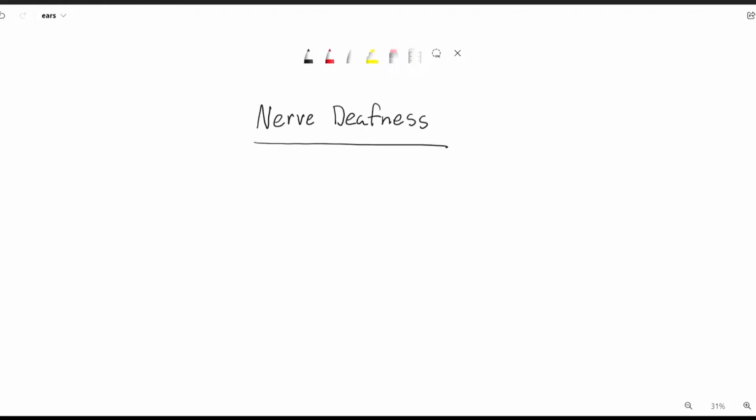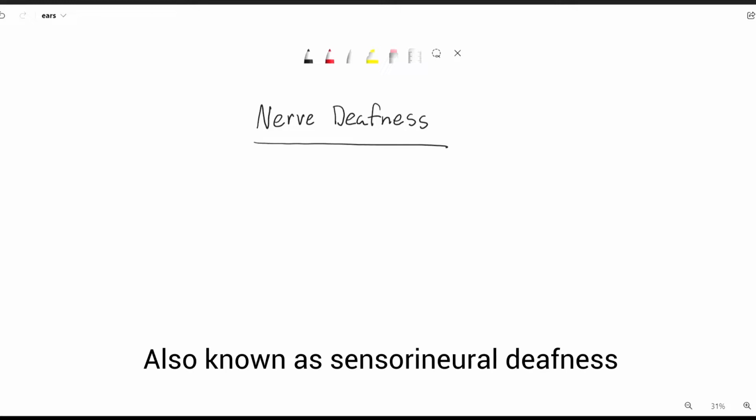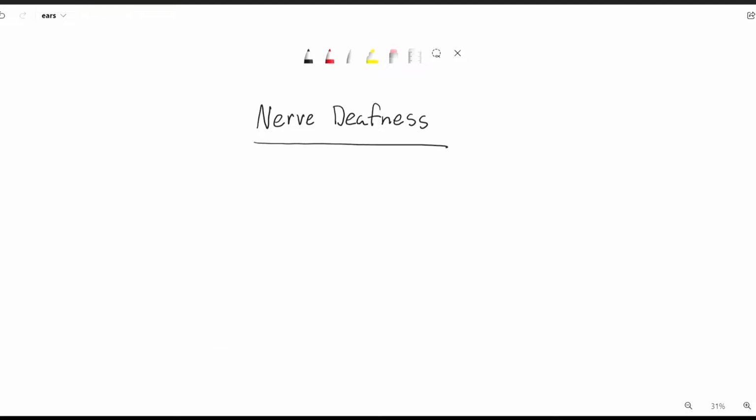And nerve deafness is caused by damage to your cochlea, or the organs of Corti, which are the hair-shaped neurons within the cochlea. And if anything happens to those, you're pretty much doomed, as it's really hard to fix them and they do not grow back.